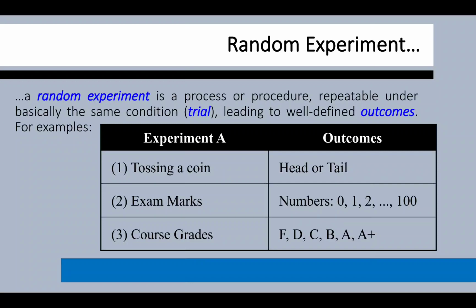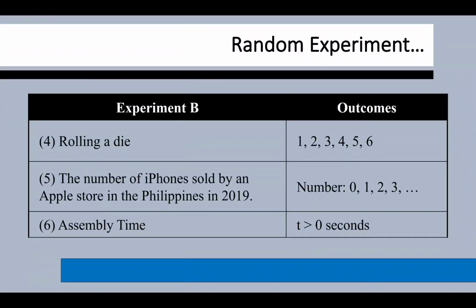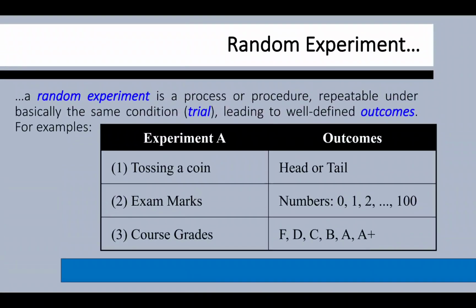Here are some examples of experiments: tossing a coin, exam marks, course grades, rolling a die, the number of iPhones sold by an Apple store in the Philippines in 2019, and assembly time. Dapat ang experiment na to ay leading to well-defined outcomes. In tossing a coin, we have head or tail.